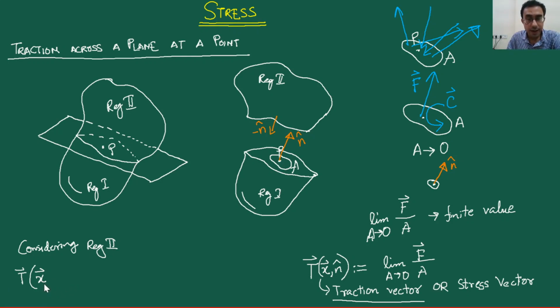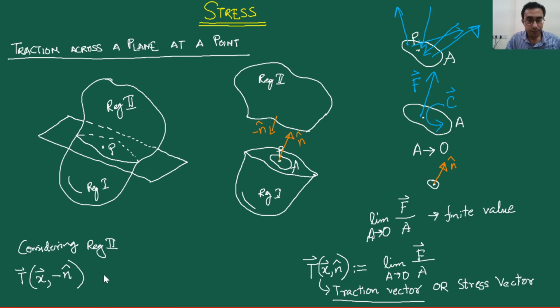It is like this P is part of this region 1, and that same P is also sitting there. It is like an imaginary plane. So this P is very much part of region 1. It is also part of region 2. There should not be any confusion about it. So this is the position vector of the same point P we are considering. However, the unit outward normal is the opposite one of what we had considered here.